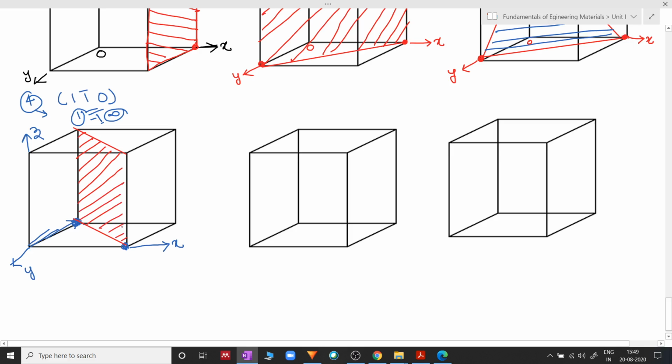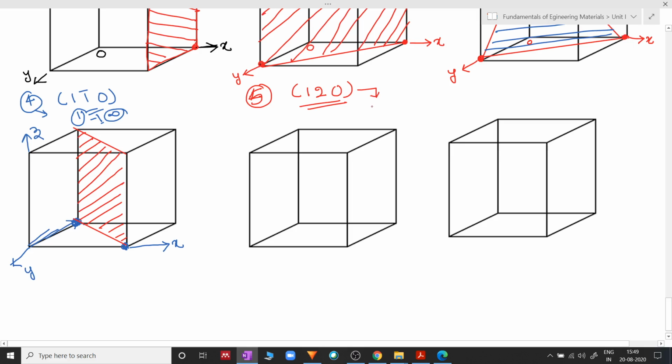Okay. Similarly, sometimes the unit cell size is more than 1. For example, fifth example here. Let us take the 1 2 0 plane. How to draw this 1 2 0 plane? So what are the intercepts?